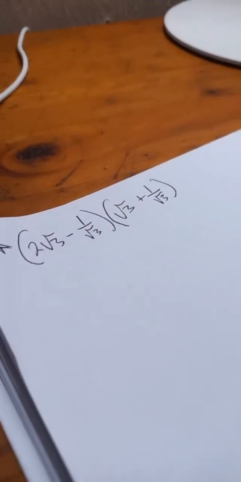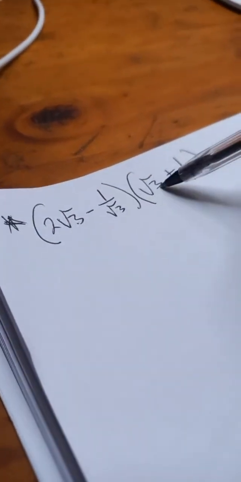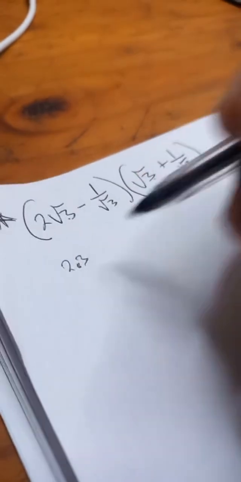Right? Simplify. This one is very easy. This guy times this guy, it's 3, right? We are distributing, but this by this gives us 3. The moment it gives us 3, that means 2 times 3.